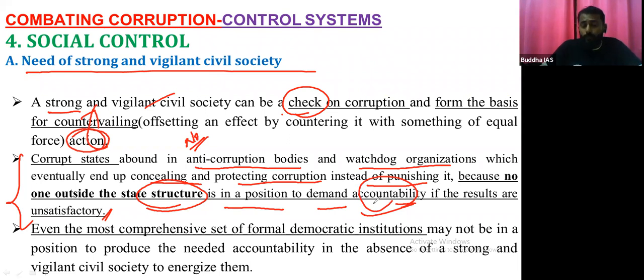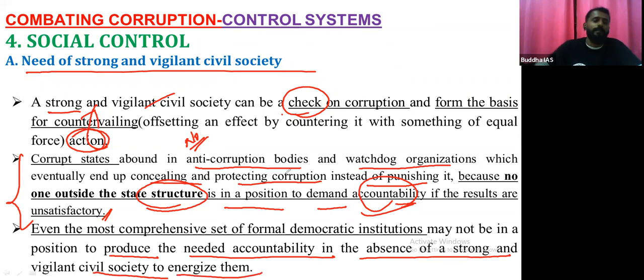Even the most comprehensive set of formal democratic institutions may not be in a position to produce the needed accountability in the absence of a strong and vigilant civil society to energize them.